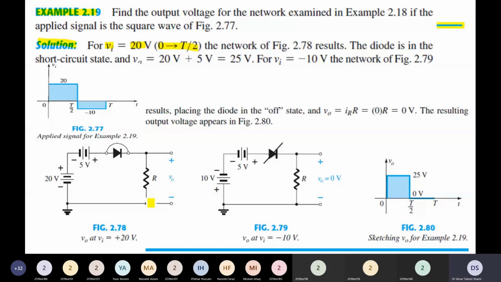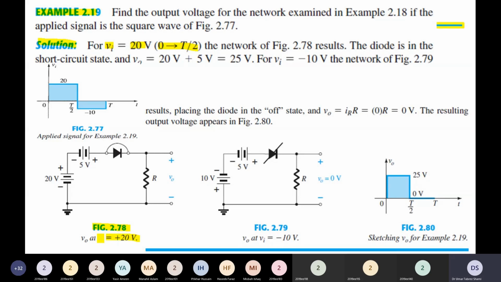This example is quite easy because we have a fixed 20 volt or minus 10 volts. From 0 to time t by 2, the input is 20 volt. Therefore, figure 2.78 represents the circuit when the input voltage is positive 20 volt.